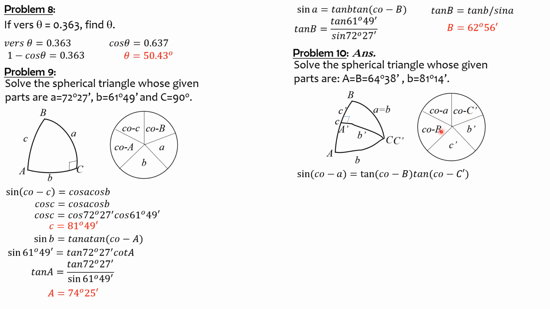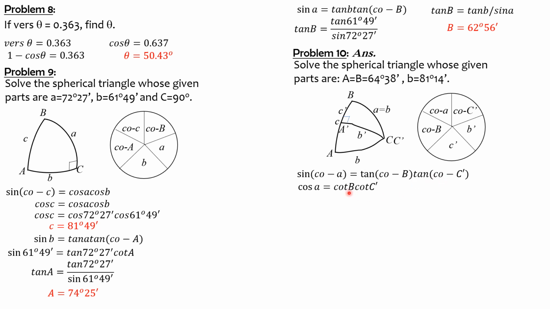So it is equal to tangent of complement of B times tangent of complement of C prime. Then this is cosine of A, this is cotangent of B, and this is cotangent of C prime. So cosine of side A equals cotangent of angle B, cotangent of angle C prime.